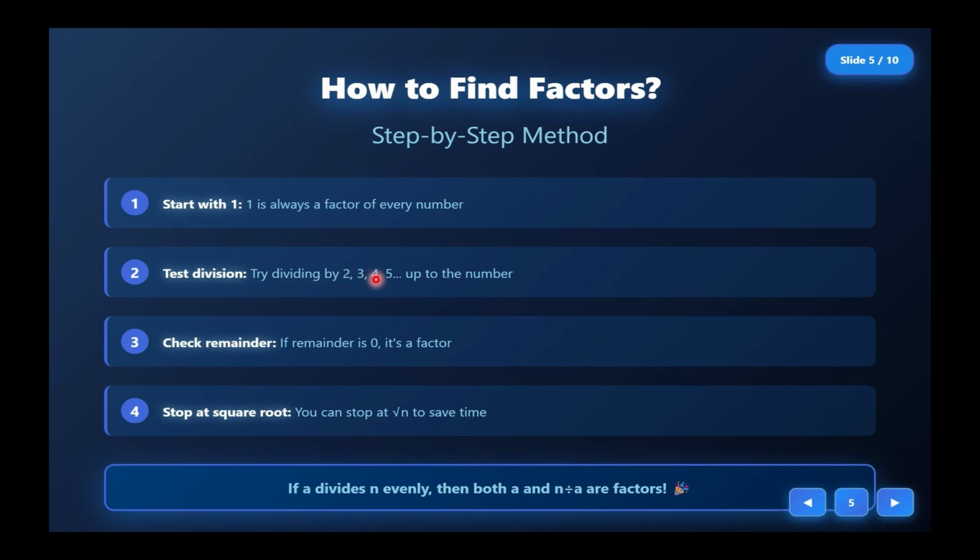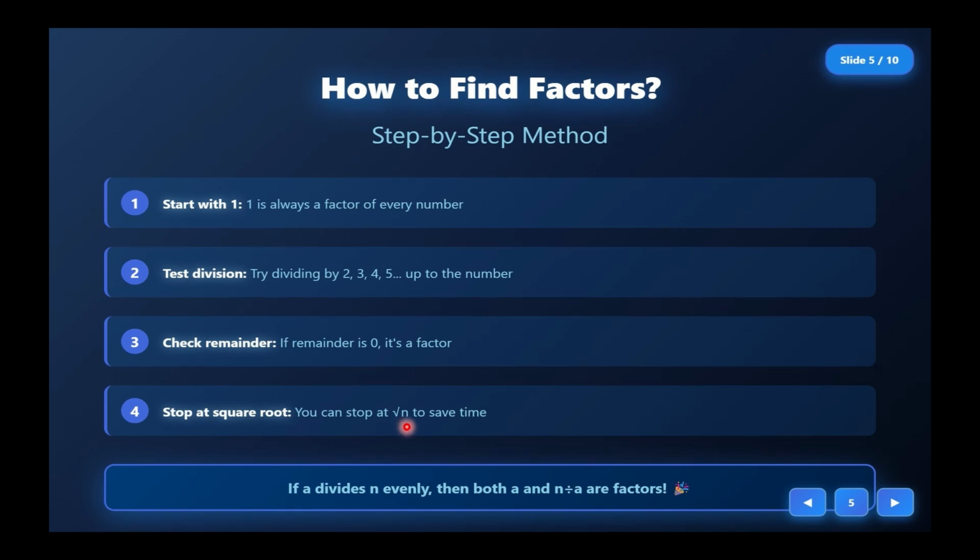Try dividing your number by each of these. Check if there is a remainder. If the remainder is 0, you have found a factor. Here is the time saver: you can stop at the square root of the number. Why? Because beyond that point, you are just rediscovering the factor pairs you already found.